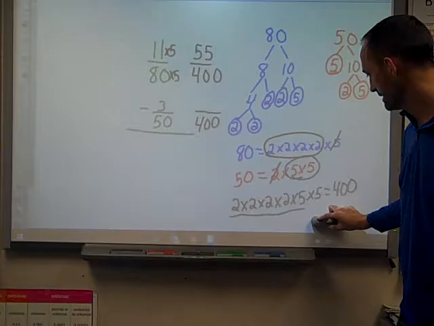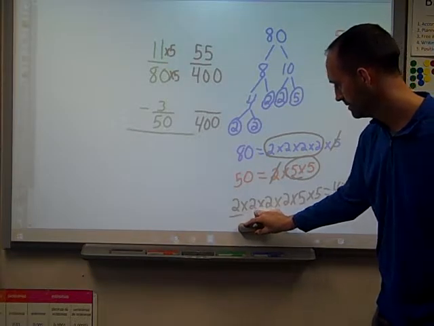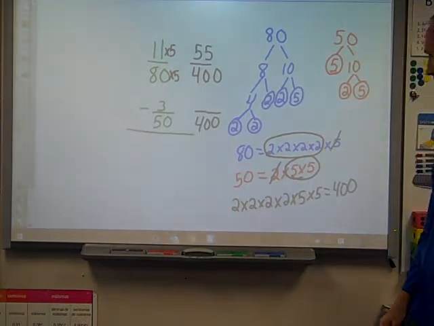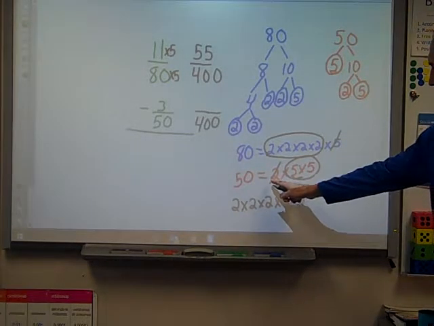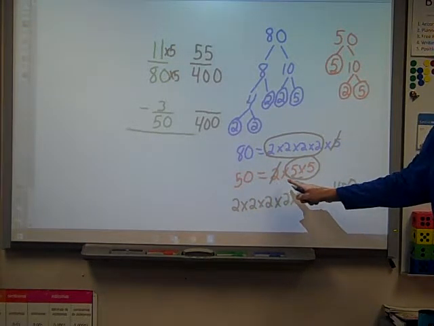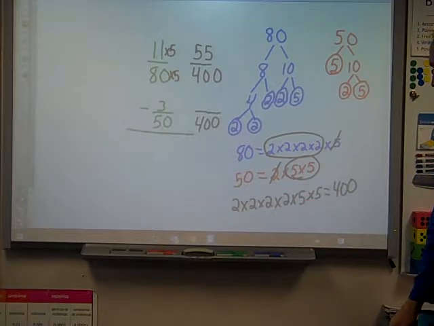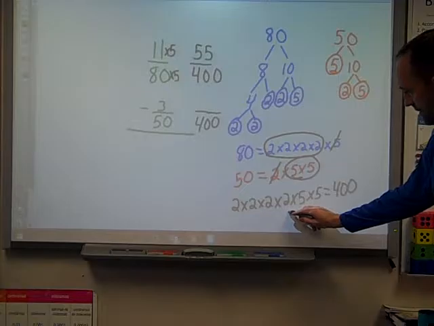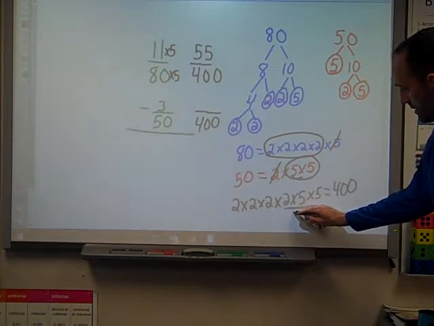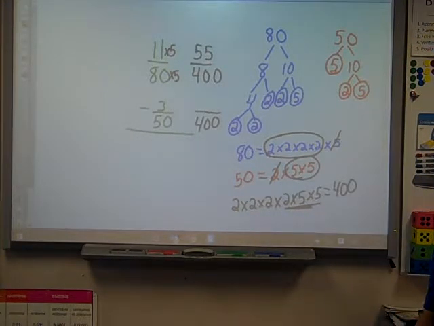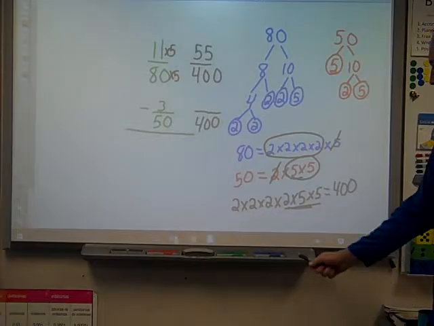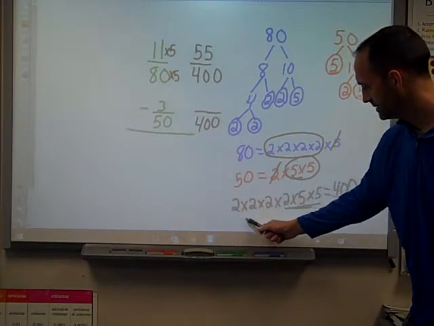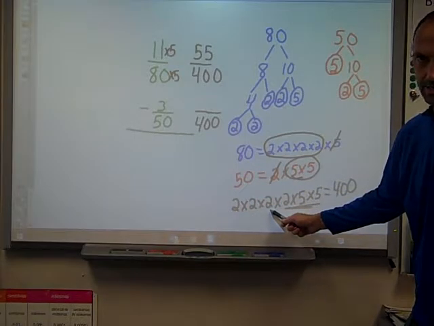So now I come back and I have to determine that 50 times what is 400. Well, if I go back to 50, it's a 2 and 2 5's. So this right here equals 50. What's left? 2 times 2 times 2. This equals 8.